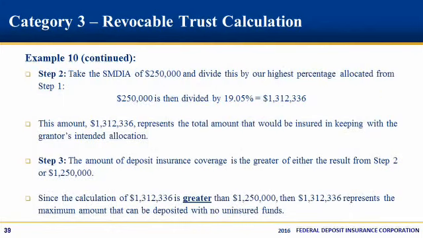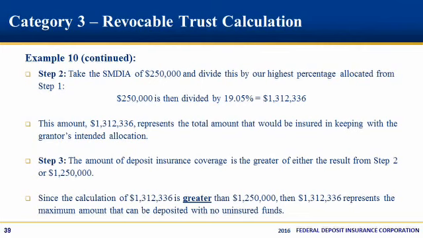Step 2. We then take the SMDIA of $250,000 and divide it by our highest percentage we determined in Step 1. This would be $250,000 divided by 19.05% to give us $1,312,336. Step 3.